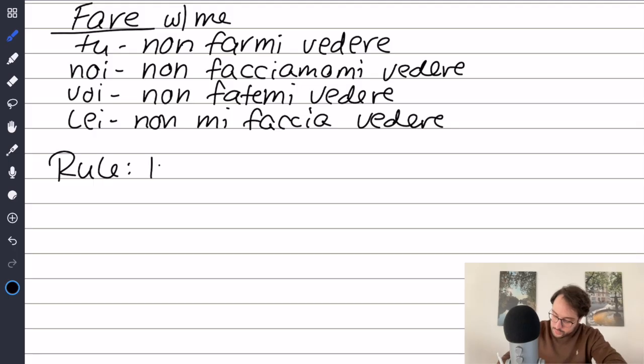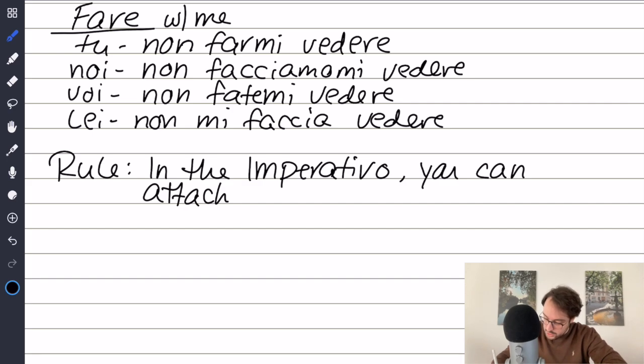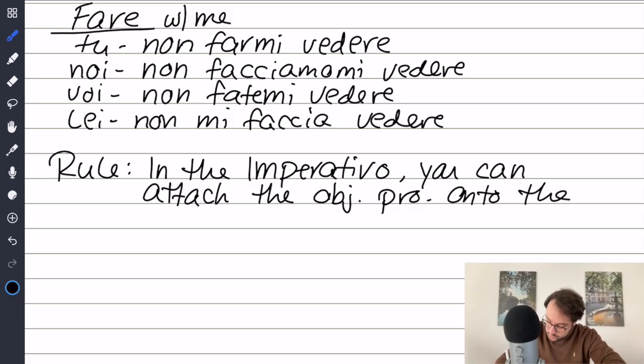In the imperativo, that's what I wanted to get at before we got into this. In the imperativo, you can attach, or you kind of have to, because that's what makes it imperativo. You can attach the object pronoun onto the end of each verb.